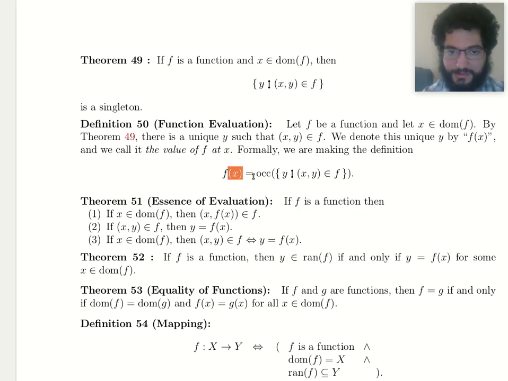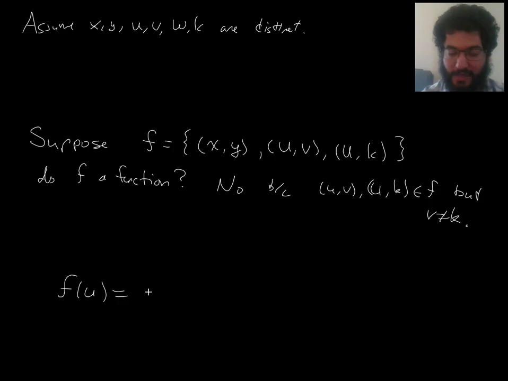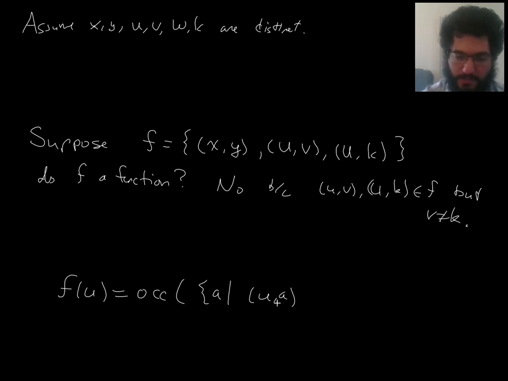So we have to use the definition directly and see where that takes us. So f of u, well, that's the occupant of the set of things that, when paired with u, like this, give you an element of f. So the set of second positions that go with u.